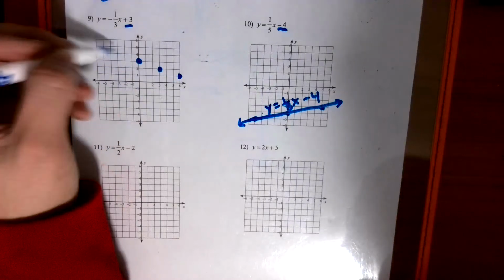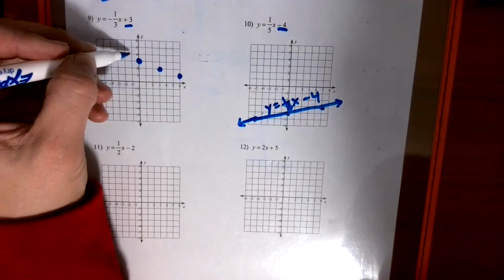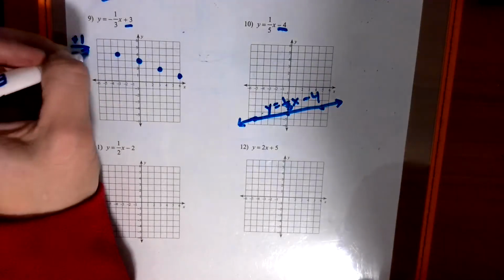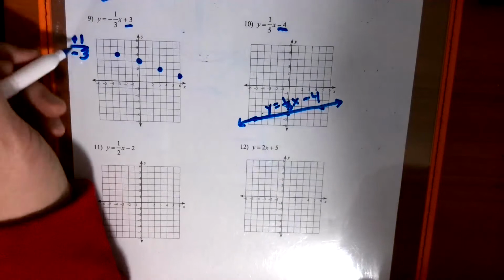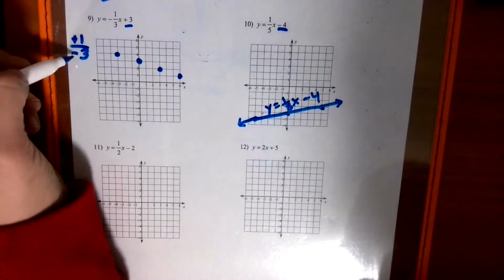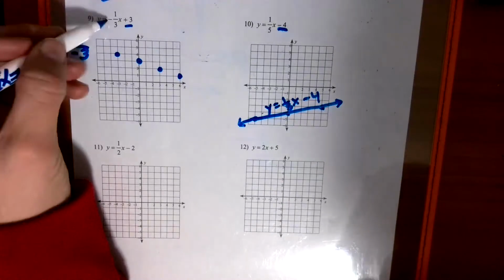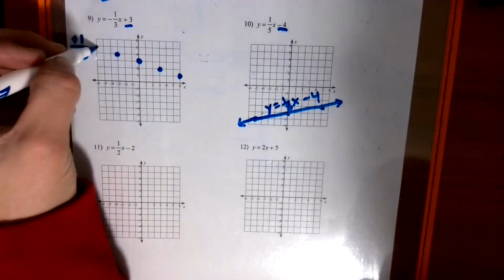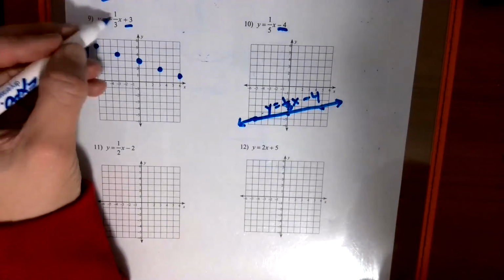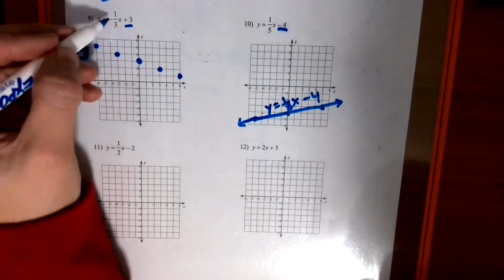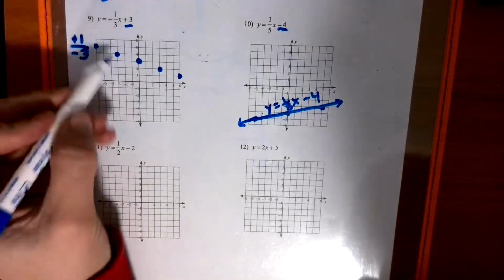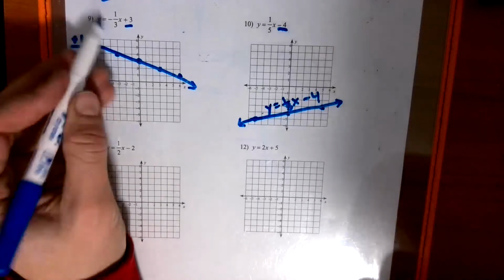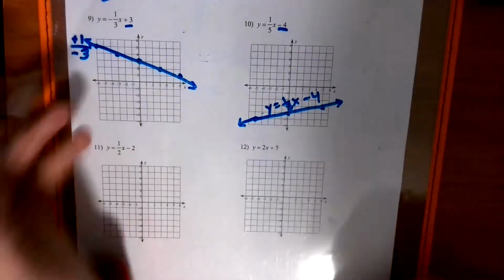And if I want to extend it over here, I go up 1 over 3 to the left, which is still a negative. Whether the negative's on the bottom, on the top, or in the front, it all means the same. So going up 1 over 3 to the left is the same concept as down 1 over 3. So there's our slope. Our slope is negative, and then you just write the equation on the line.